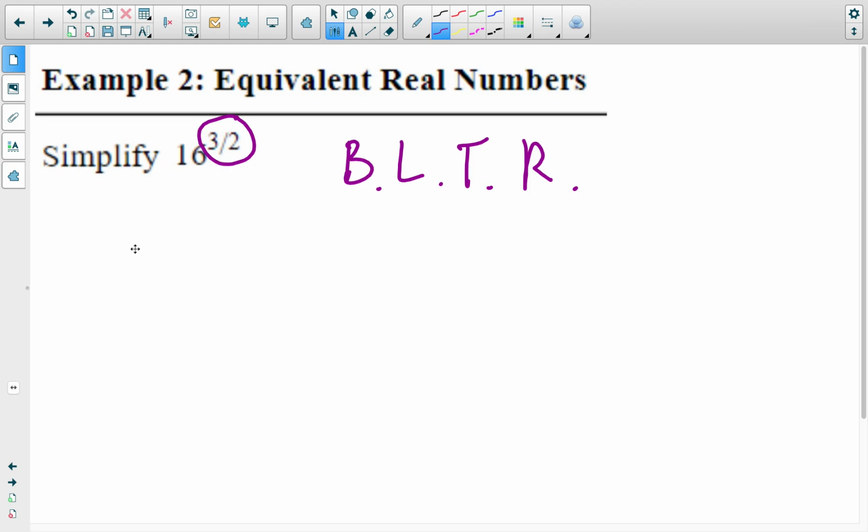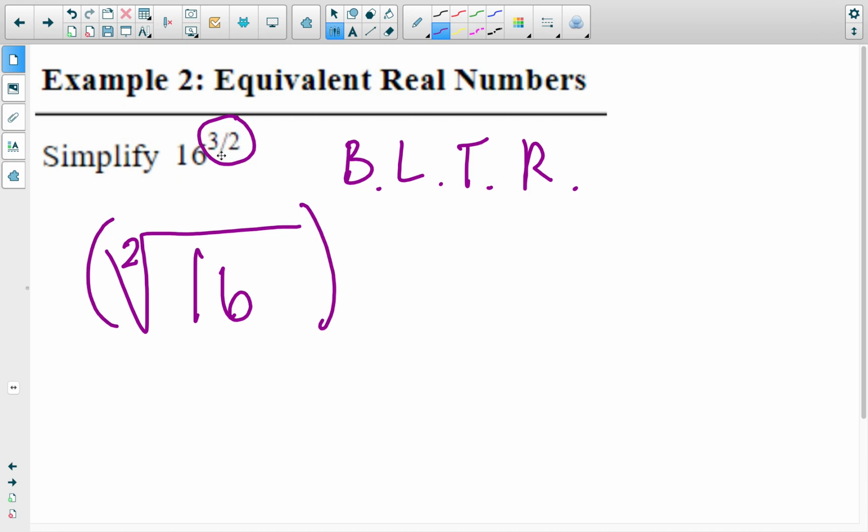So if we want to rewrite something like this as a radical, in radical form that can be simplified, bottom, left, so the 2 is in the bottom, that's going to become my index of the radical. And then 16 is what's being taken the square root of. And then top right, that's the 3, that's the top number in my fraction, that goes on the right side. So it's like I'm taking the square root of 16 and then I'm cubing it.